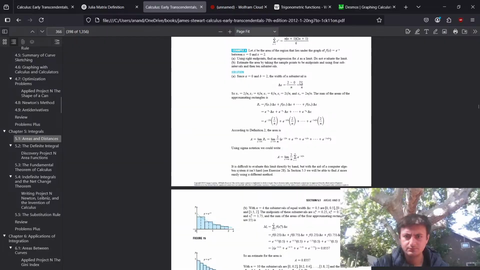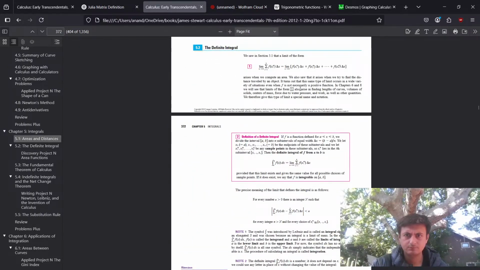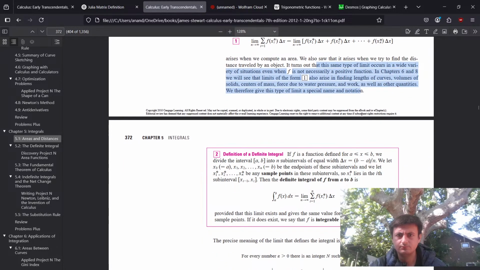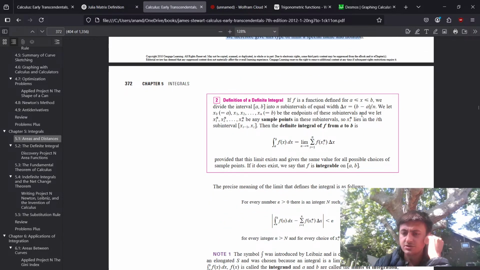Okay. Okay, yeah. So this is the most important thing, because I feel like we're going to be applying this definition a lot.